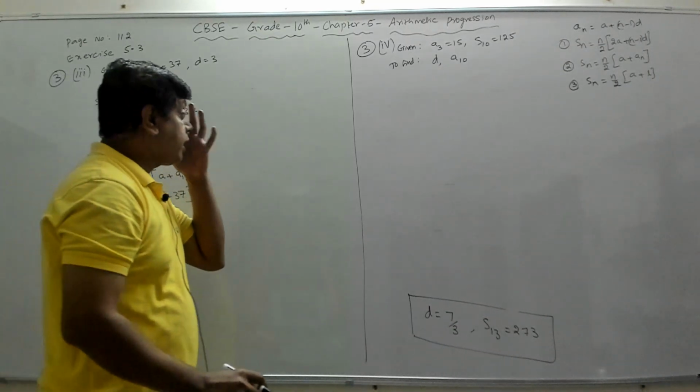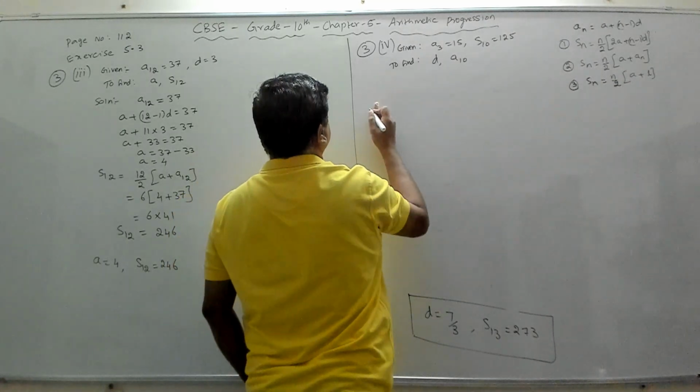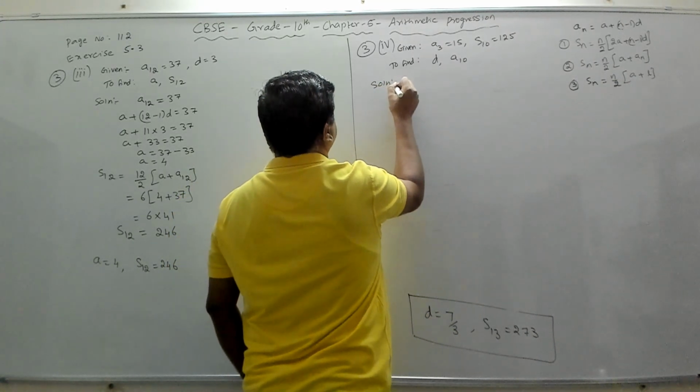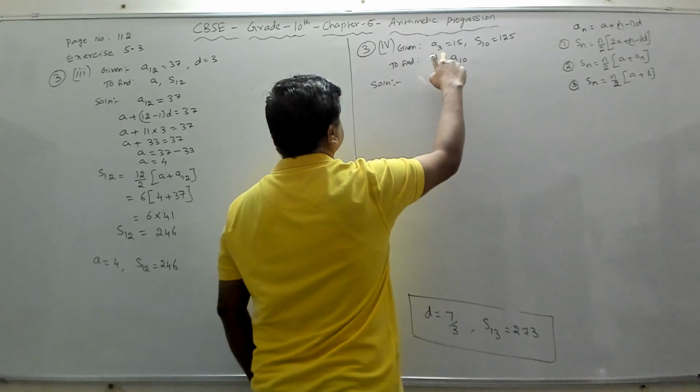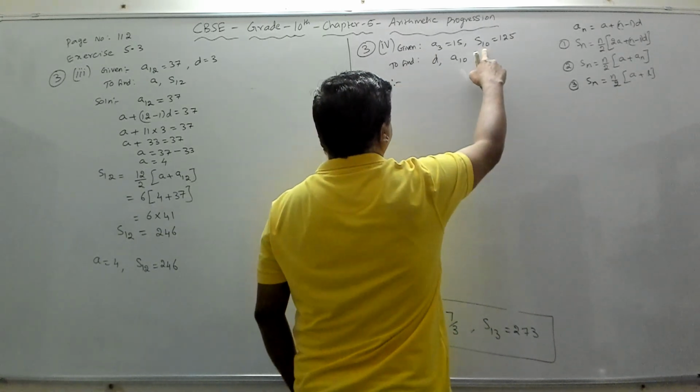Right? So now again, solution. We have to find D and then A10. Now here A3 is given as 15 and S10 is 125.